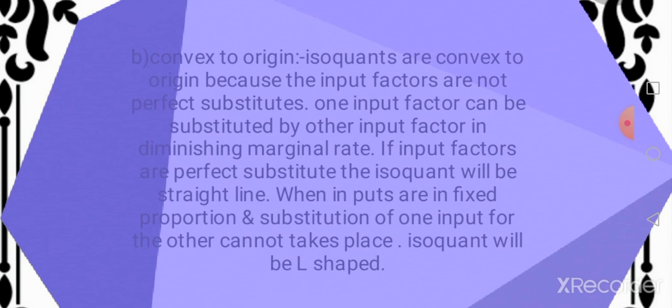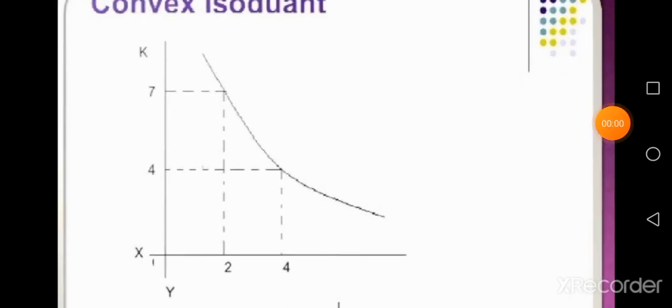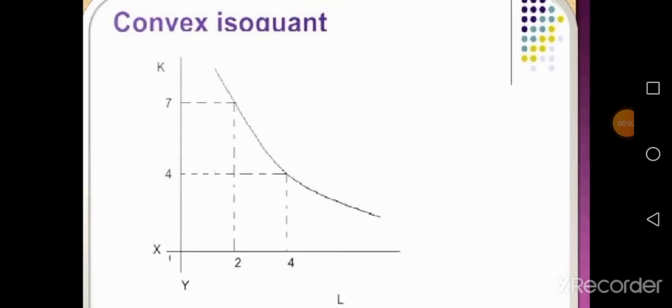If the input factors are in fixed proportion and substitution cannot take place, the isoquant will be L-shaped. So this is the convex isoquant. If you observe the isoquant curve, it is convex to the origin because these are not perfect substitutes.